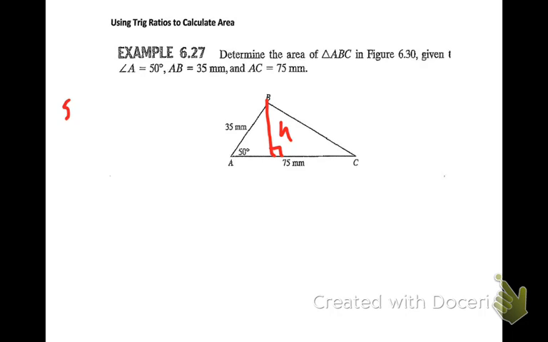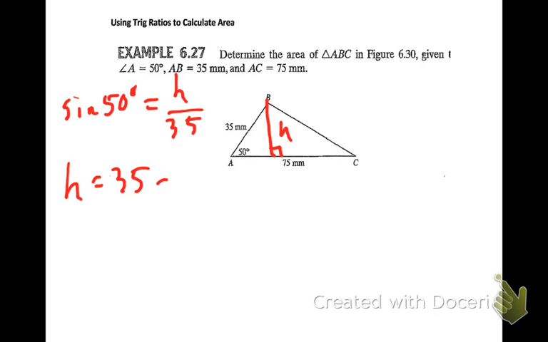We could do sine of 50 degrees is equal to h over 35, right? So then we have h equals 35 times the sine of 50 degrees, which is approximately, to 4 decimal places, 26.8116. Okay, let's just say it's 26.81.